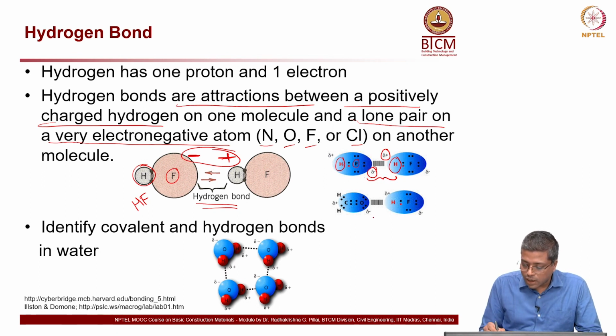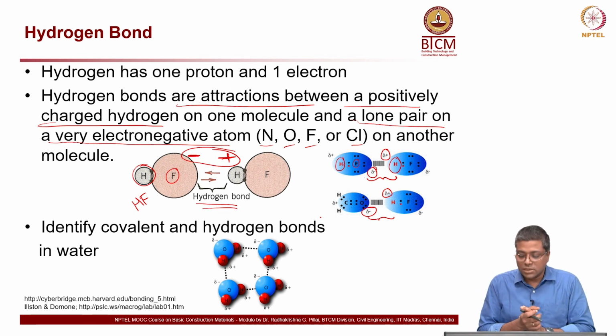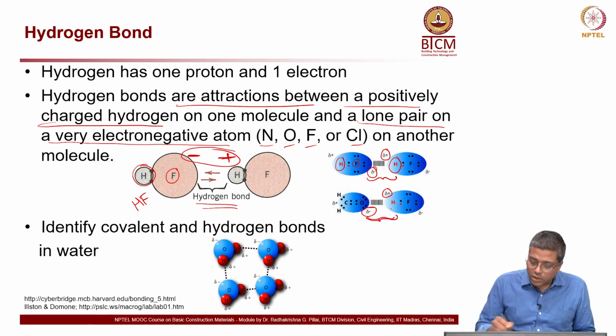Okay. Same case with formaldehyde and hydrogen fluoride: you have positive and negative charges facing each other, which leads to the formation of a hydrogen bond. So, these black lines here indicate the hydrogen bond. Okay.